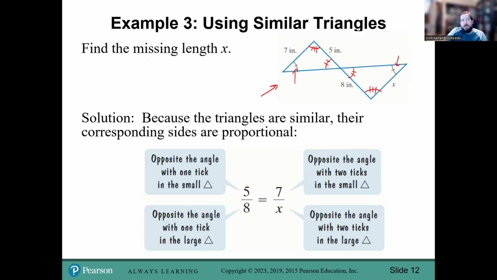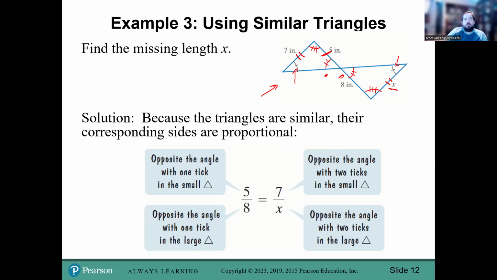Right? But the nice part is, we have to decide where the corresponding angles are. So this angle down here with 2, right here and here. They have corresponding sides over here. So there and there. So if I'm trying to figure out what X is, this angle with the 1 mark here has this side.